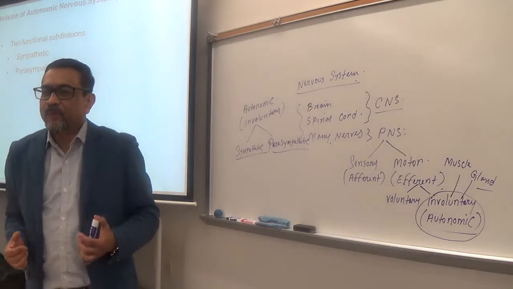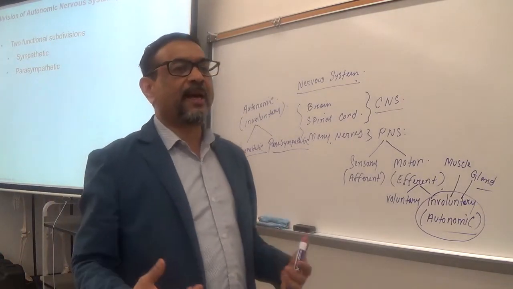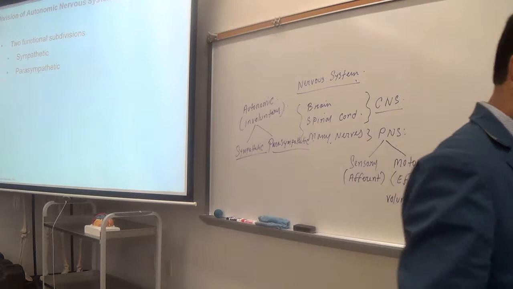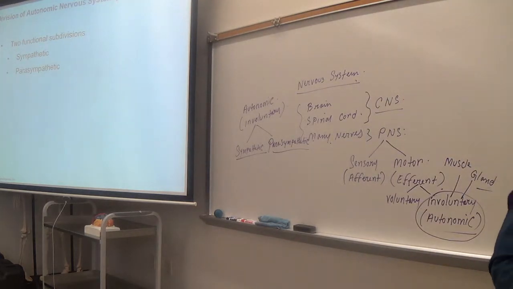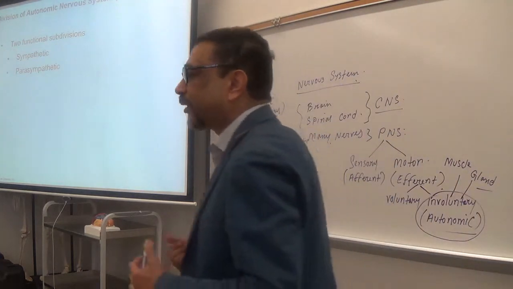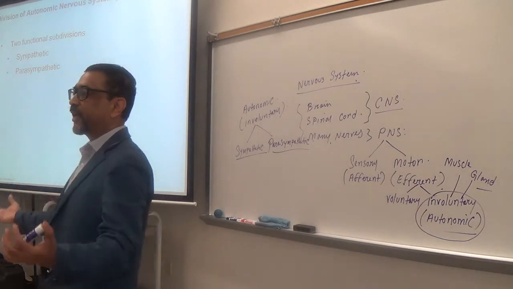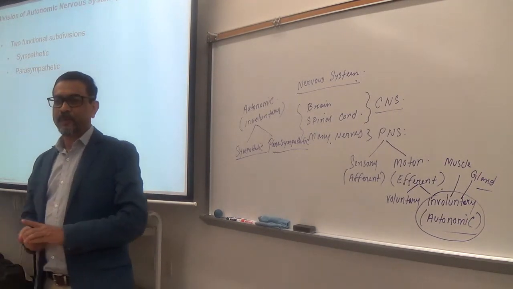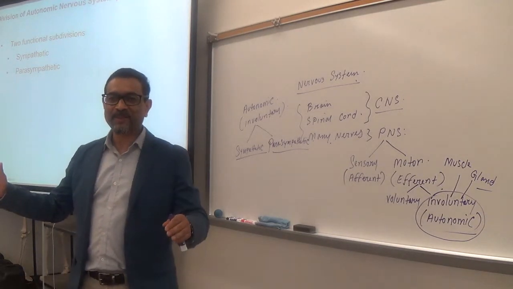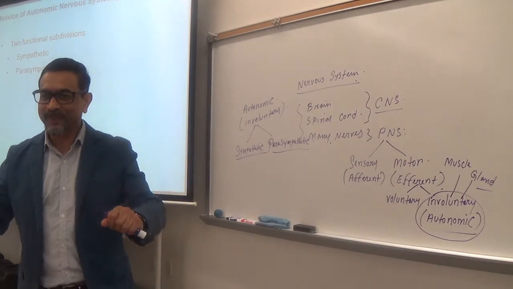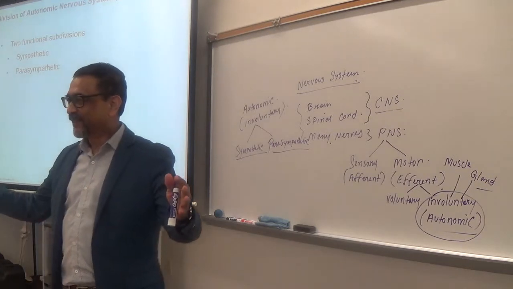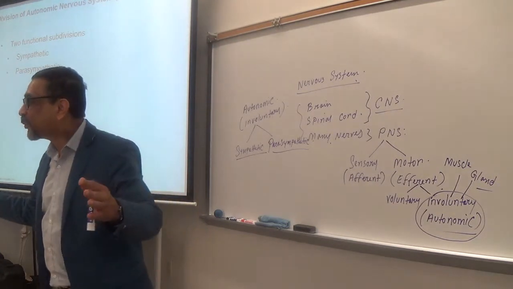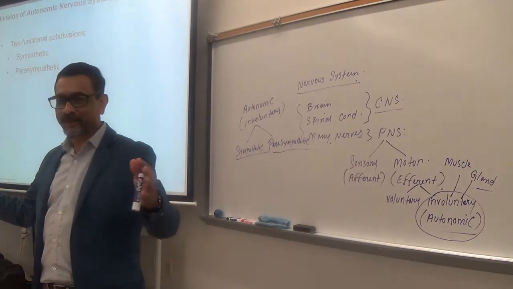Okay, so sympathetic activity causes excitation, and parasympathetic activation causes relaxation. Is it clear? All right. Now you tell me, if you see a tiger approaching towards you, right? Which one will be activated? Sympathetic. Does it make sense?